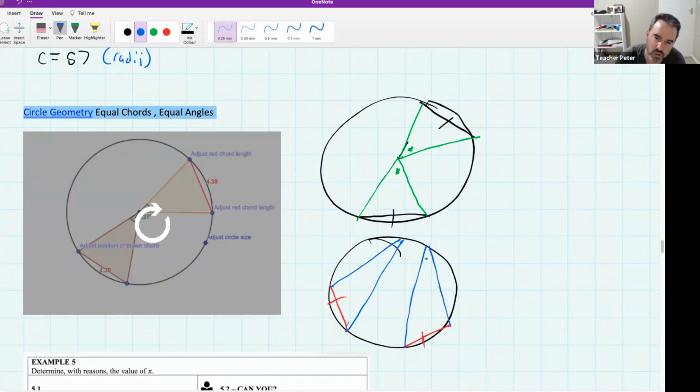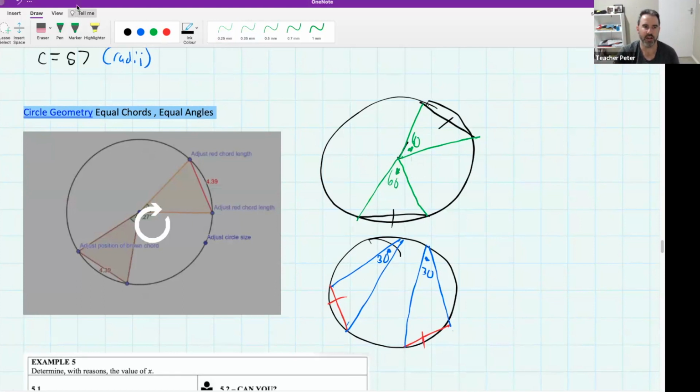So if I have two equal chords, the angles at the circumference will be equal, or the angles at the center will be equal. Now then, they won't be the same as each other. Like this could be 30 and 30, and then this could have been 60 and 60. But it's just a case of being aware of that.